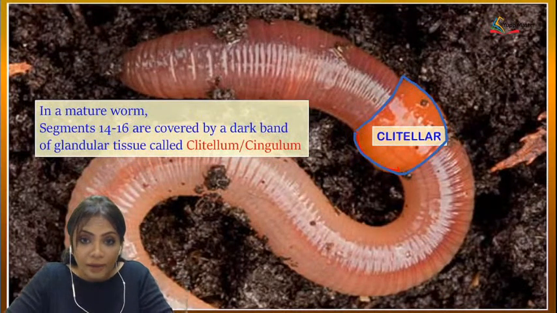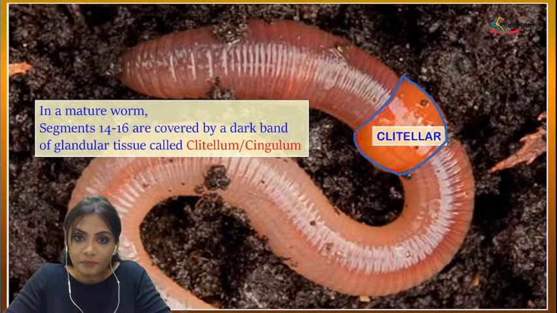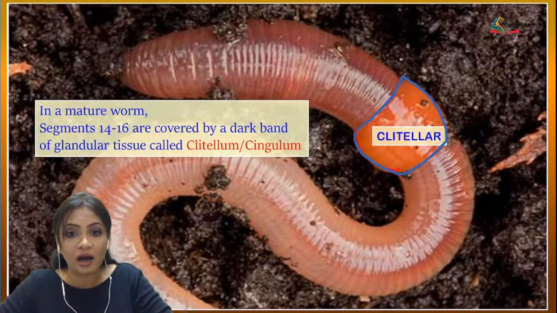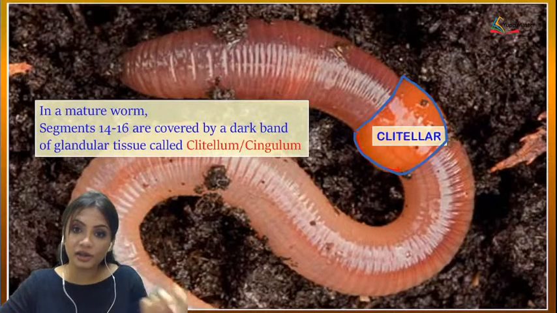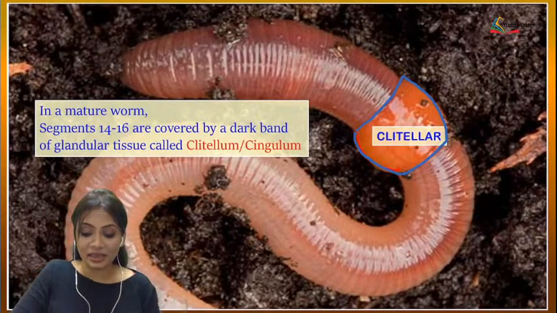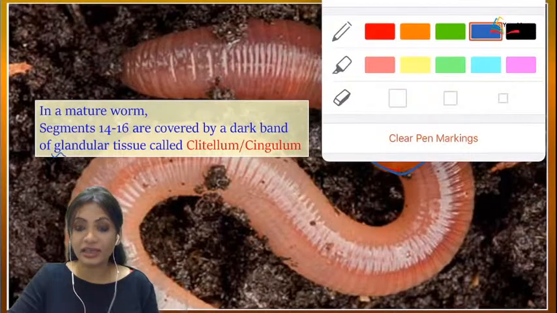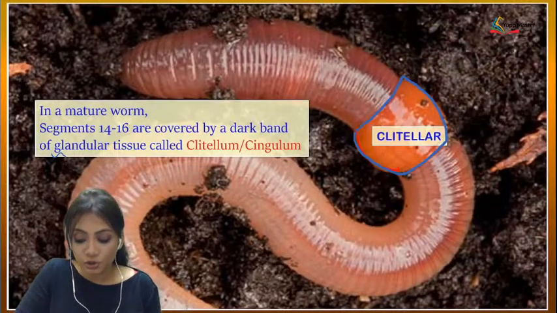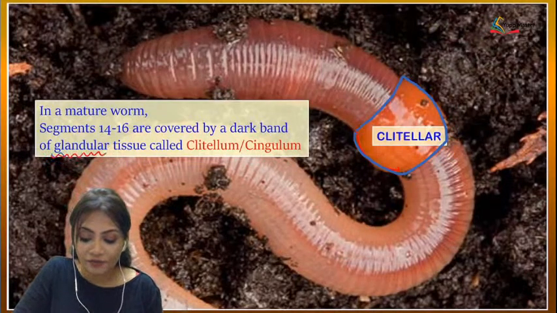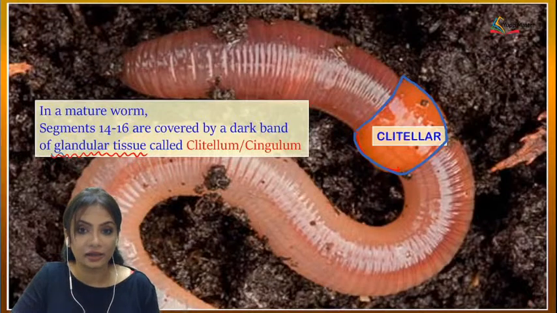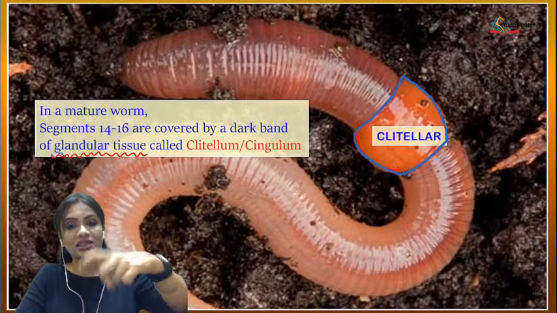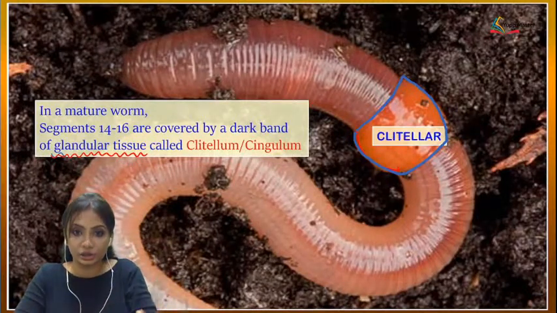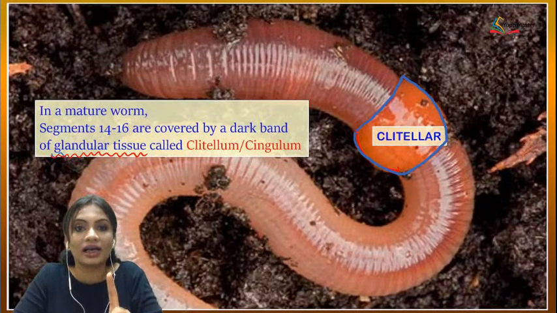Well, from segment number 14 till segment number 16, there is this dark band of glandular tissue. Remember that this is a glandular tissue, and if it is a glandular tissue, then sooner or later in life, this is going to secrete. So this dark band of glandular tissue is called the clitellum.